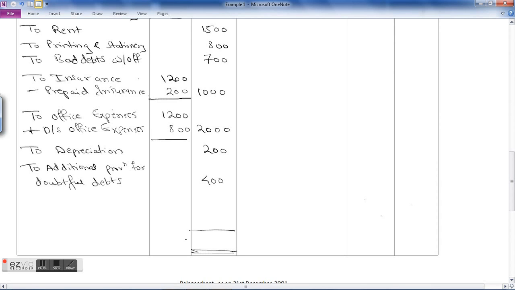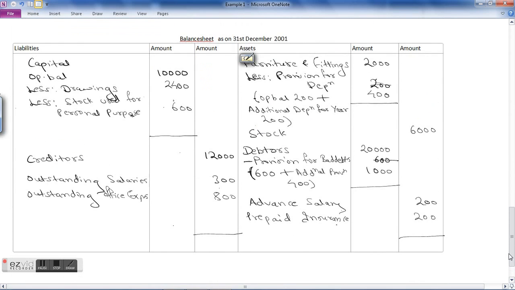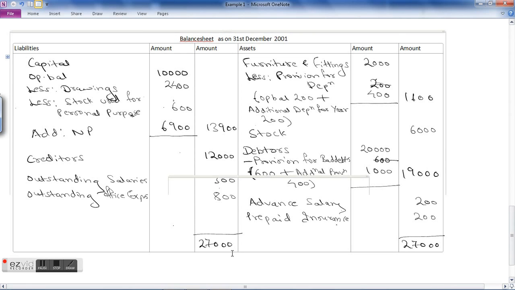The total of the credit side is 16,600 minus the total of the debit side. So your net profit carried down is 6,900. So we add net profit carried down 6,900. So this total comes to 13,900. Here it comes to 19,000. So the total of the liability side is 27,000 and the total of the asset side is 27,000. That's it. Thank you.